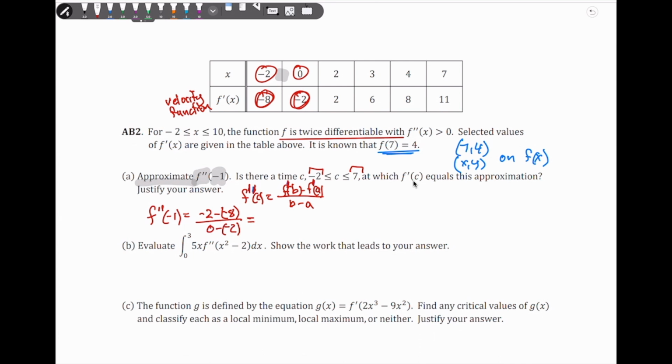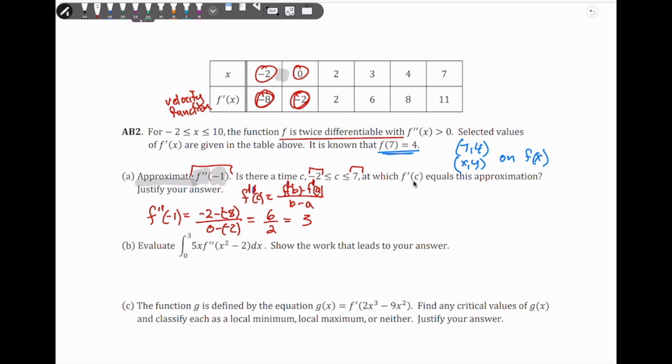So two negatives make a positive, so that will add to get me a 6 over +2, which yields the answer of 3. So that's the first part. All we wanted to do was find and approximate f double prime at -1.